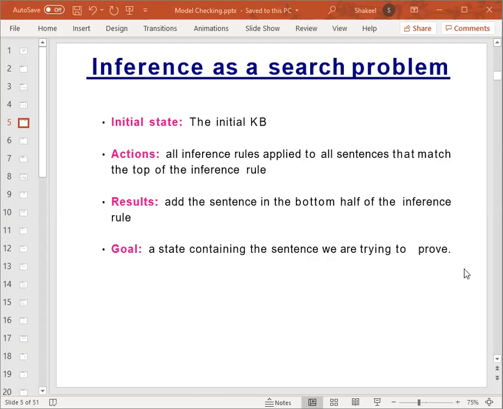Start with the knowledge base as the initial state and try to apply possible rules until I reach the result P12 or the negation of P12. So it's possible to use any search algorithm to reach the goal of doing inference just based on syntax, again without using any model checking.